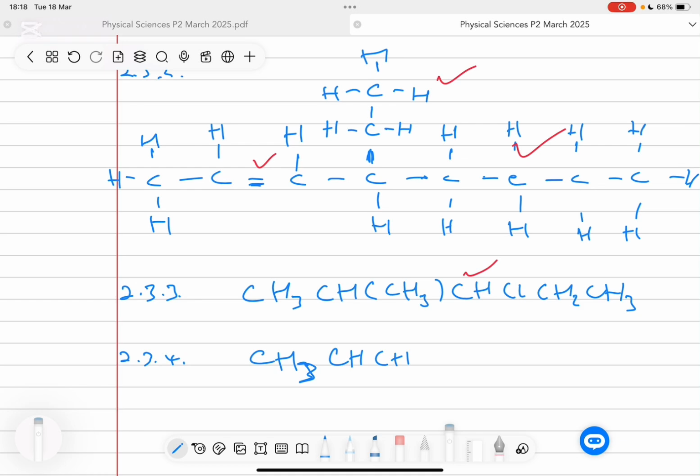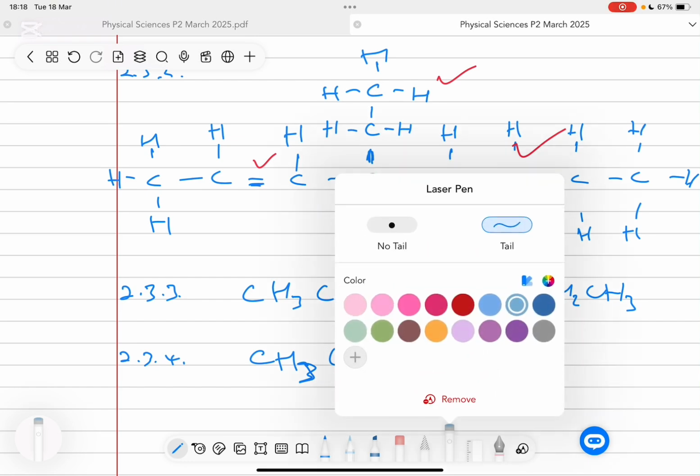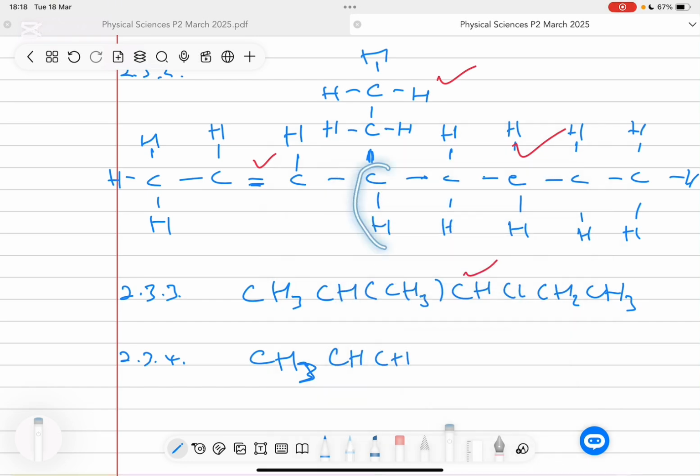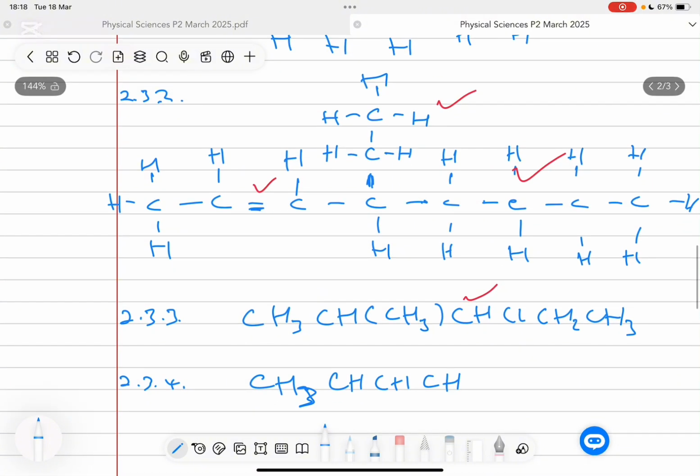Now, in the condensed structural formula, it's not the custom to write the bonds, but you can see that if I have 1 hydrogen and 1 hydrogen here, there must be a double bond here, because normally it should be 2 hydrogens. So that's how we figure it out. We also have here a carbon and a hydrogen, sorry, but it is attached again on this side.